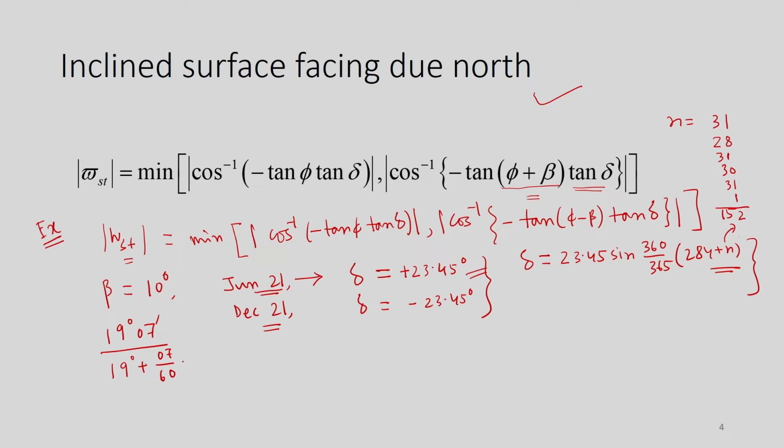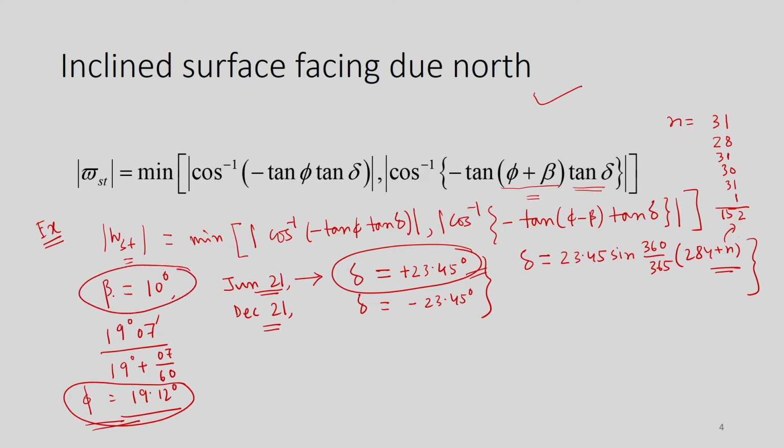So, this will be about 19.12 degree. Okay. So, now if we substitute this value of phi, then delta, and beta in the expression, maybe here we can write A.